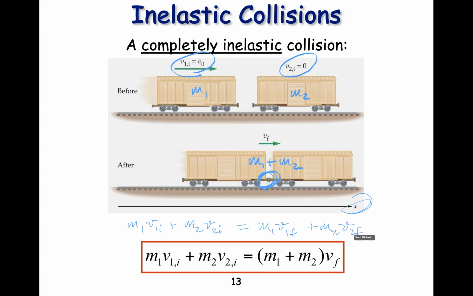When you have two objects moving as a unit, we can just combine their masses and write their velocity as a single velocity afterward. Notice how they dropped the 1 and the 2 off of that velocity, because it's just assumed that that is a single velocity.